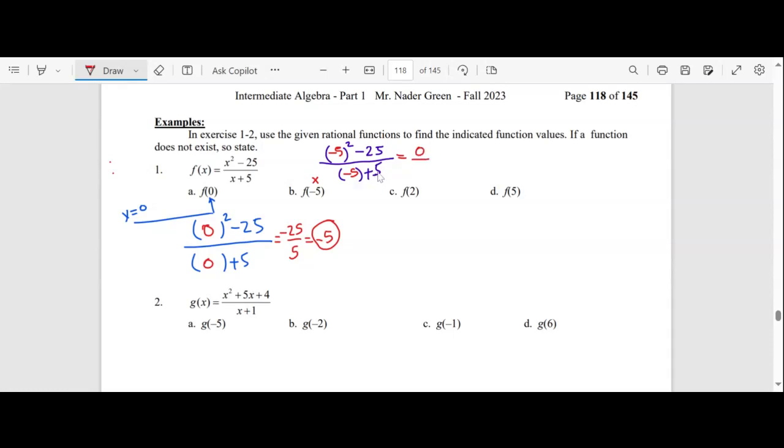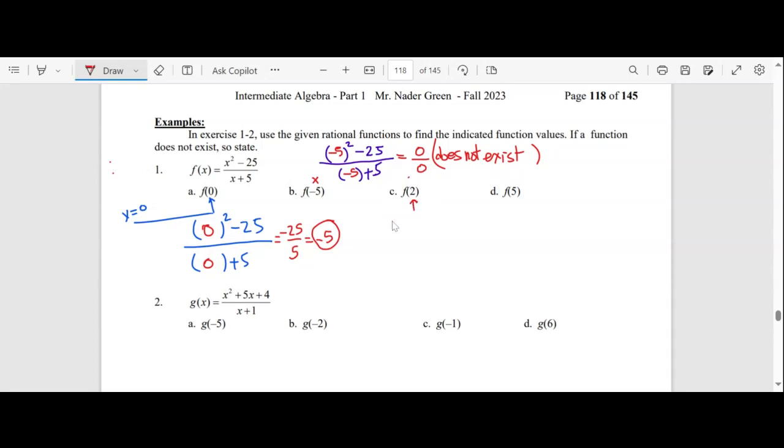And negative 5 plus 5 is going to give you 0. So 0 over 0, we're going to say it does not exist. That's the answer.